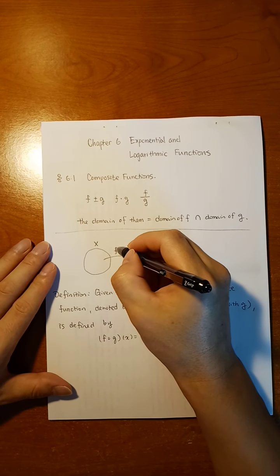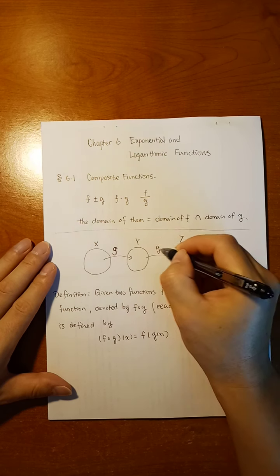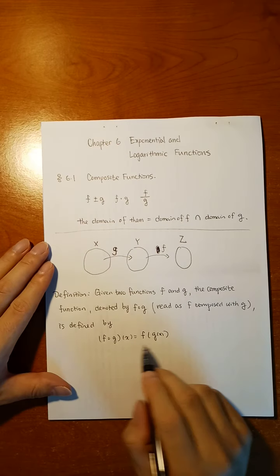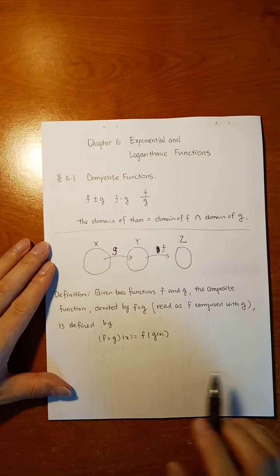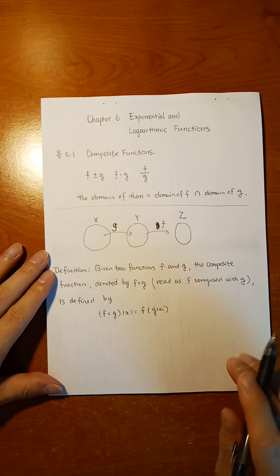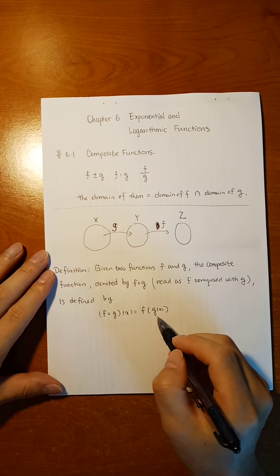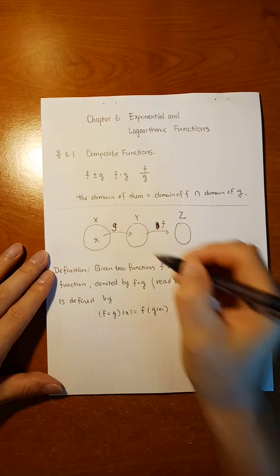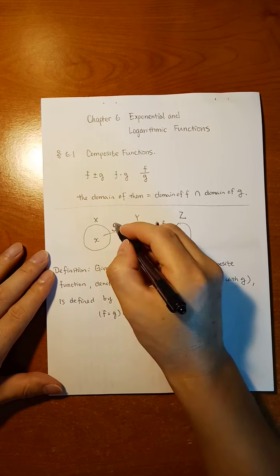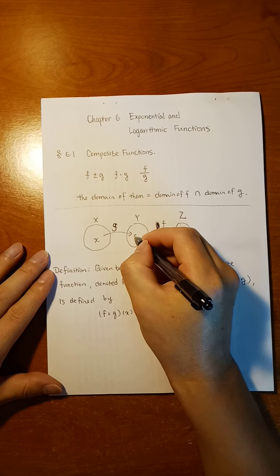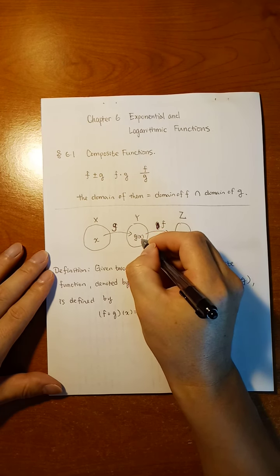Here in this definition, they do g first, f second. So basically what it means, you have an x here, you apply function g. G maps x to a certain value, we call it g of x.